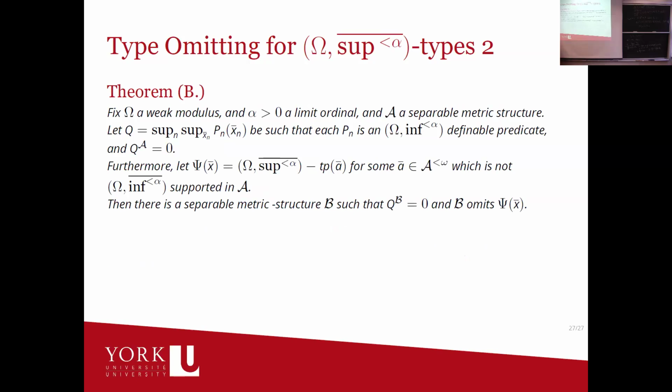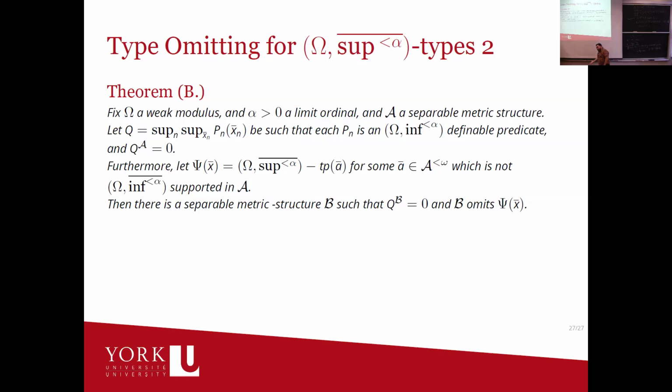But what I would hope to say, the general theorem should say, for any ordinal alpha, if you give me a sub-alpha formula, which is realized in my model, and a sub-alpha type that is not inf alpha supported, then I can build another model that realizes the formula but omits the type. In particular, that is not the Scott sentence. I can't do it. I can only do it for limit ordinals.